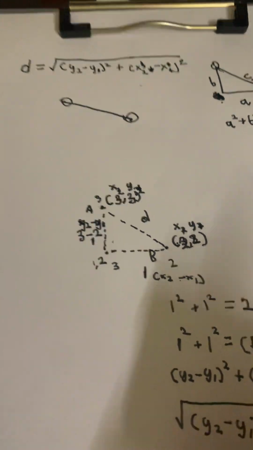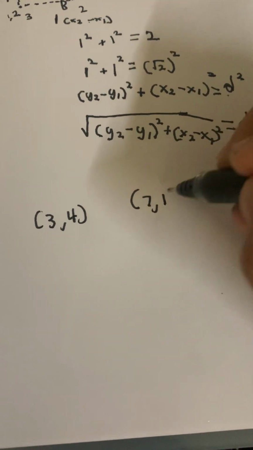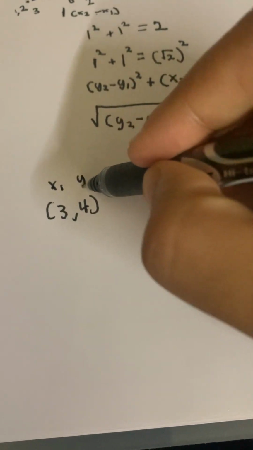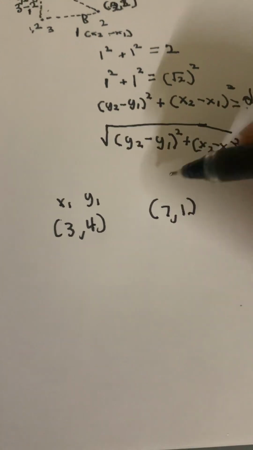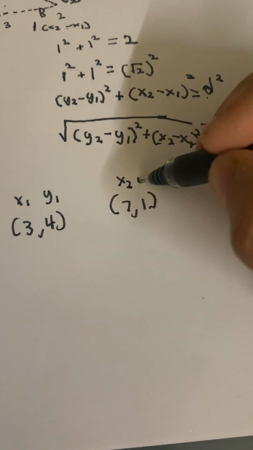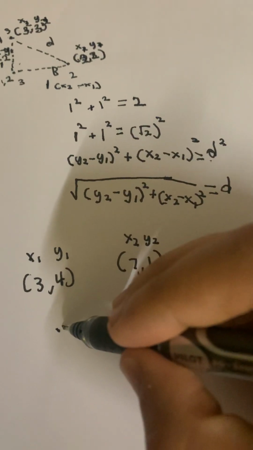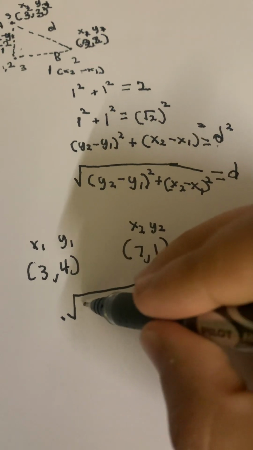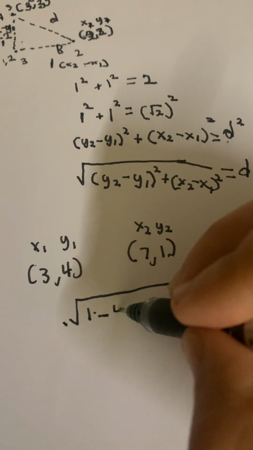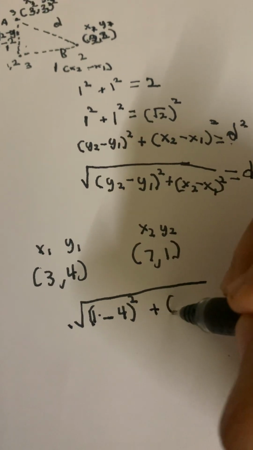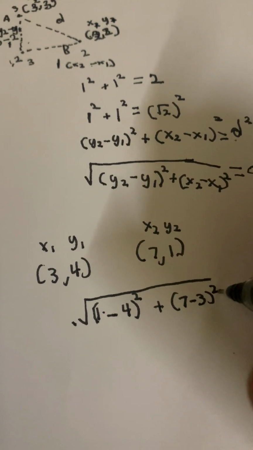Right, if we had to find out the distance between, let's do part A, right? 3, 4, and I mean this should pretty much be foolproof by now, but anyway. So x1, y1, x always comes first, since x, y, z is the alphabetical order, then x2, y2, and now plugging this in, we have 1 minus 4 whole squared, plus 7 minus 3 whole squared.